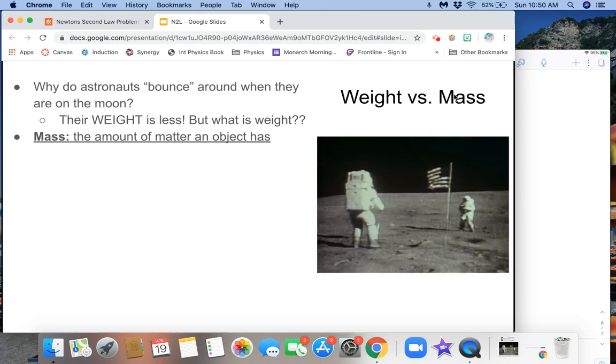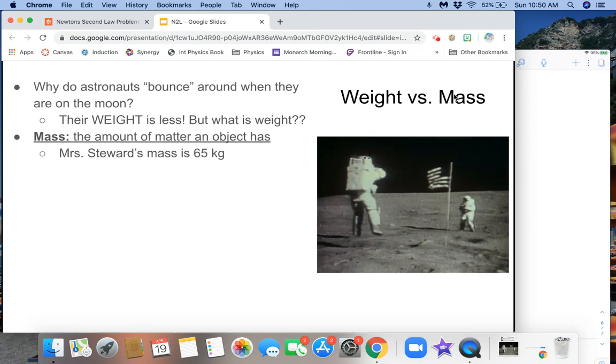If I have, say, my mass is about 65 kilograms, that mass, even if I go to the moon, the stuff of my body is not going to change, right? That's not going to change unless you're growing very, very fast. So like if you're a kid and you're growing up and your mass is changing, or say if I eat a bunch of hamburgers and I gain, so in English speak, we say gain weight, but really if you're eating hamburgers, you're going to gain mass.